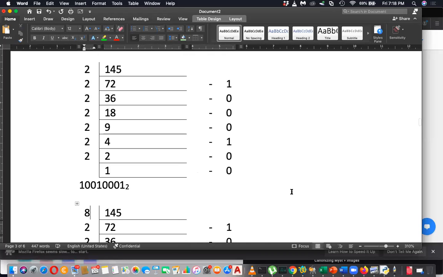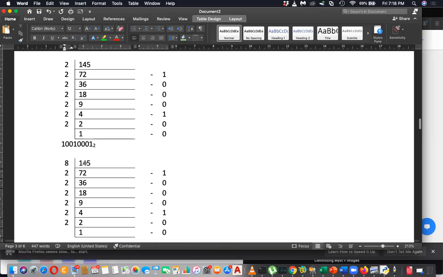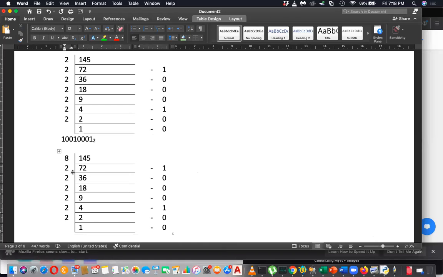Let me know if you have not got this answer, or if you have any other issue. Divide by 8, what's the value? 8 times 18 is 144, remainder 1.